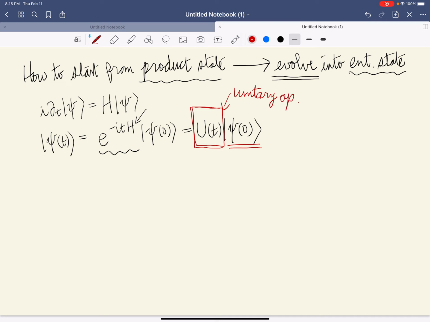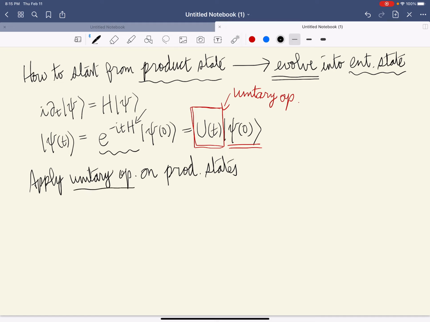All right. So we're gonna apply this idea and then try to apply some sort of unitary operation on a product state, to see whether through this unitary operation, the product state can evolve into a non-product state that is an entangled state.